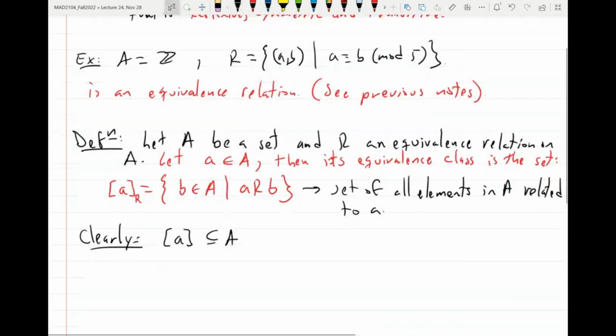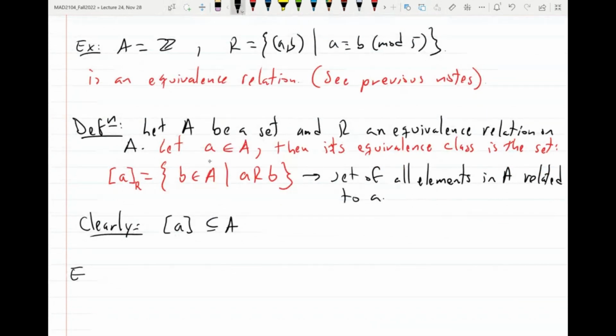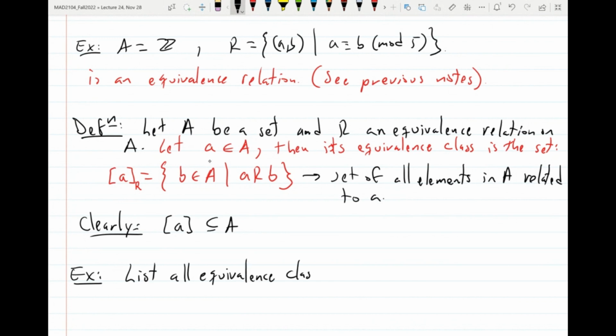Let's list the equivalence class of 3. So an example: in fact, list all the equivalence classes. Okay, so first I have to give you a theorem, from the above example, let me call that Example 1.